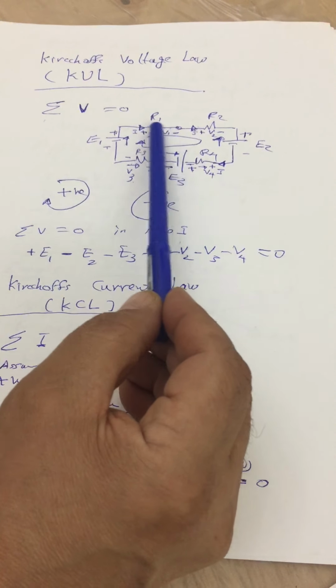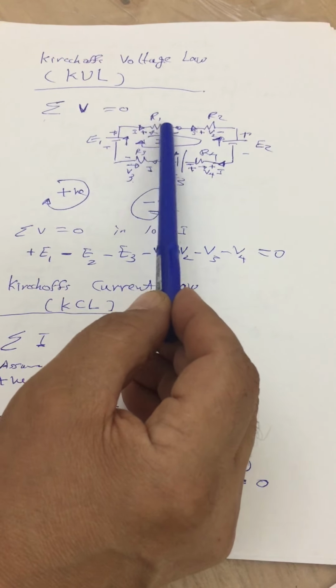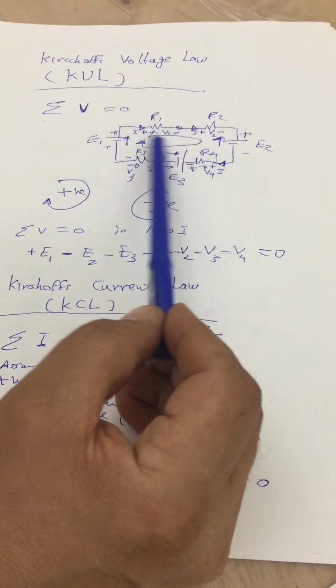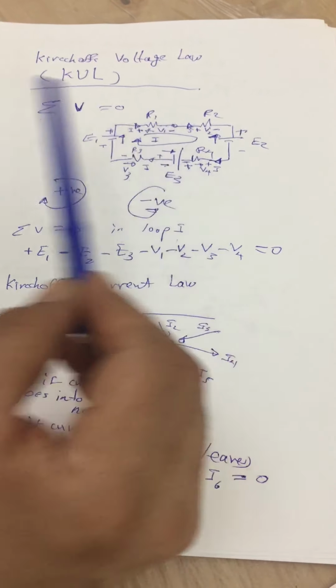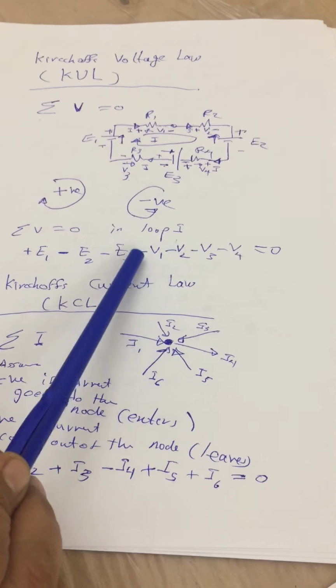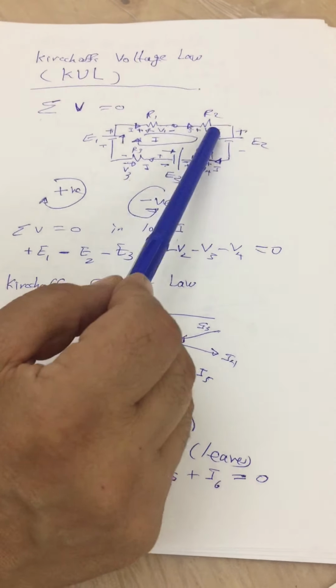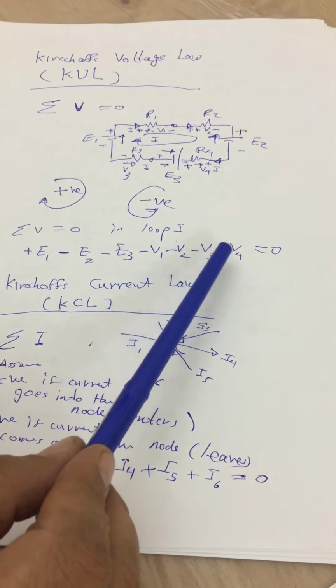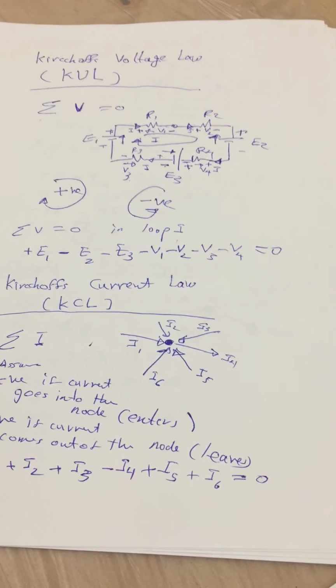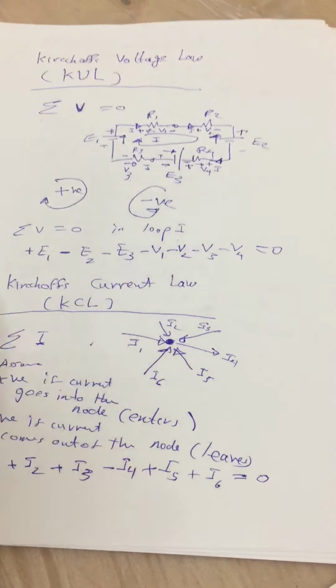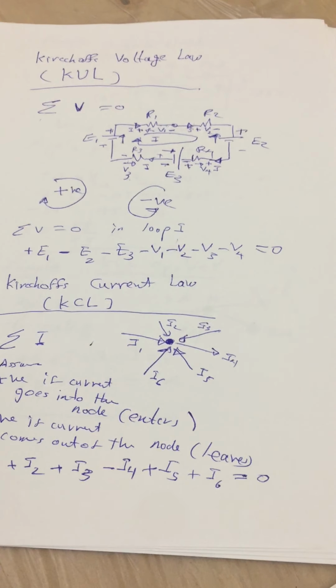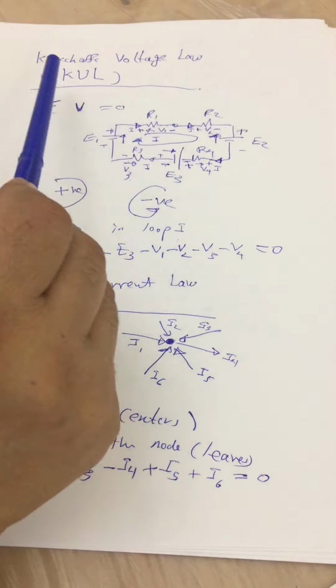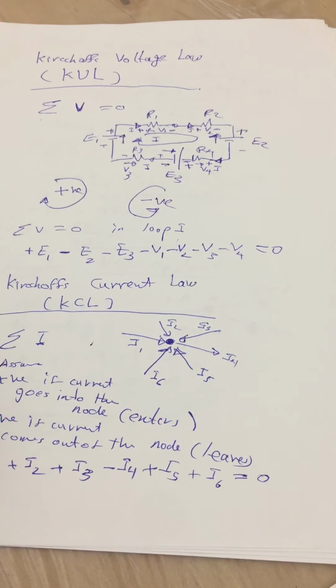So this is the direction of V1, which is opposite to the clockwise, in the anti-clockwise direction. So I apply minus V1 to it. Similarly, minus V2, minus V3 and minus V4. Okay? So that's how we apply KVL to elements in a closed loop. So this is the second basic law of electric circuits.